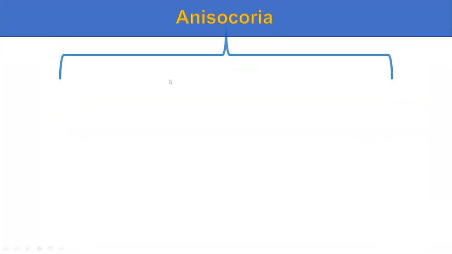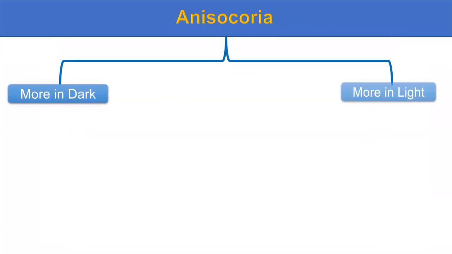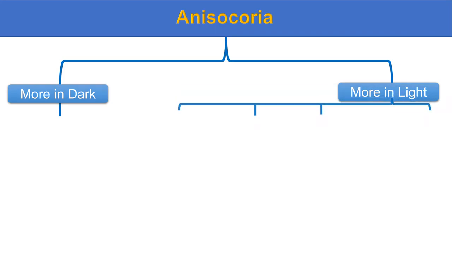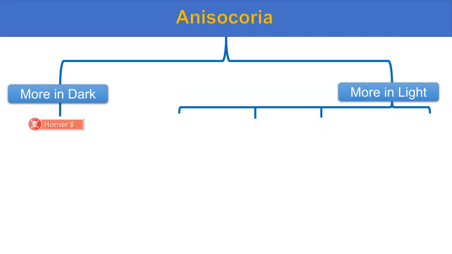To summarize the most important causes of anisocoria, we have anisocoria more in dark and anisocoria more in light. For the scenarios in the exam, when you find a patient who has anisocoria more in dark or more in light, think of these reasons.